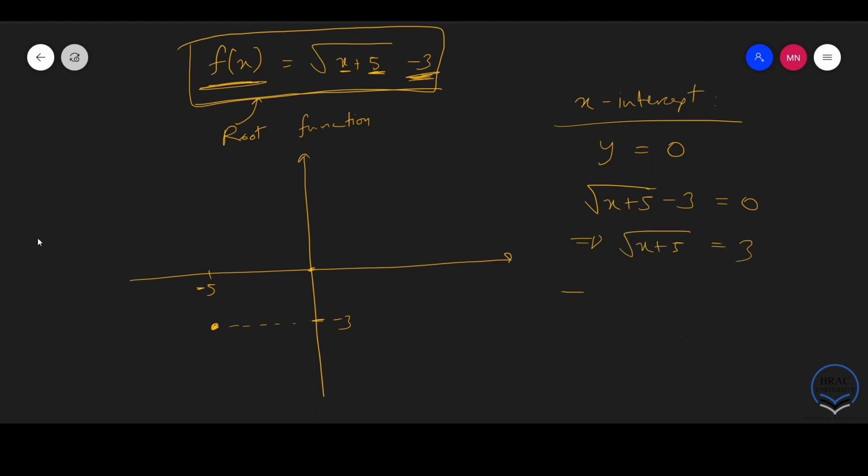And then we can take the square of both sides to give us x plus 5 is equal to 9, which we can then solve for x to be equal to 4, right? So when x is equal to 4, y is equal to 0. So our x-intercept will be somewhere here. So this is 4 comma 0.